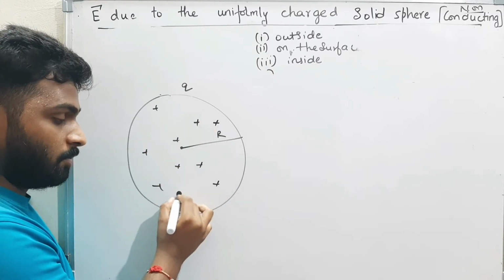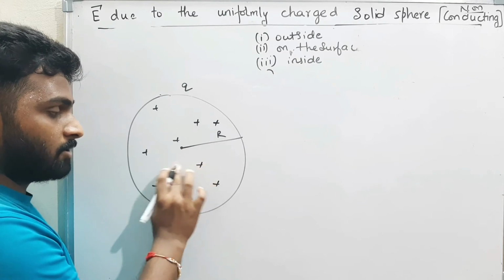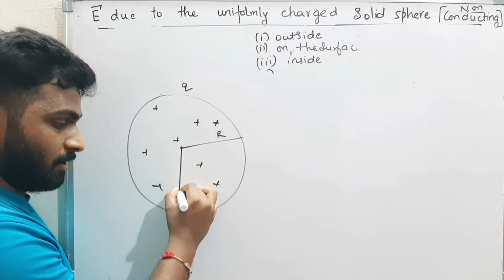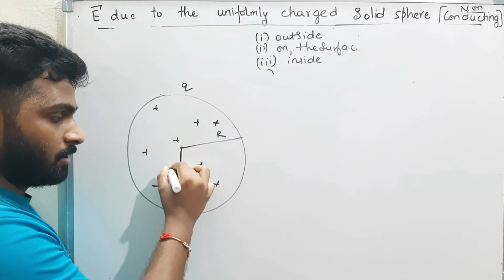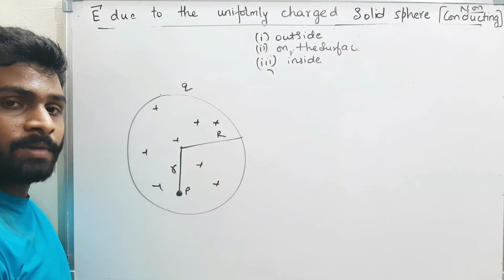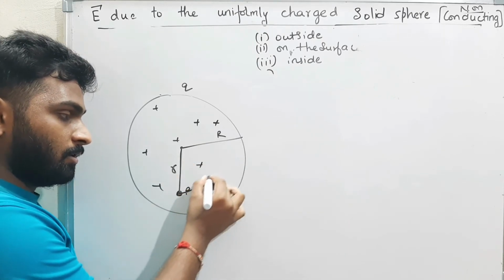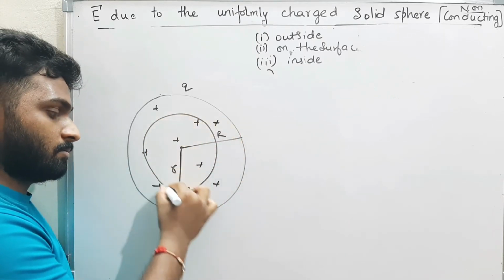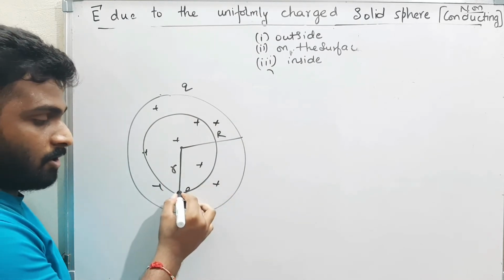I am assuming a point P here, and the distance of this point P from the center is small r. Now what is the Gaussian surface? This is the Gaussian surface.